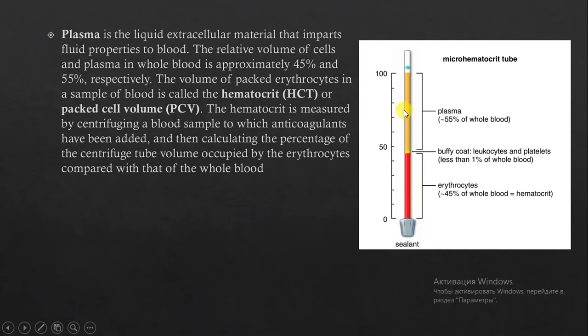So let's talk about inorganic compounds of plasma. First of all, there are saline solutions. There are ions, predominantly sodium, potassium, calcium, magnesium, chlorine, and sulfates, very rarely sulfates.